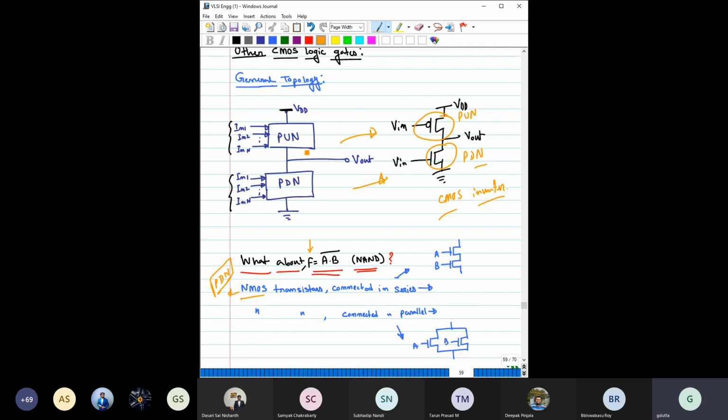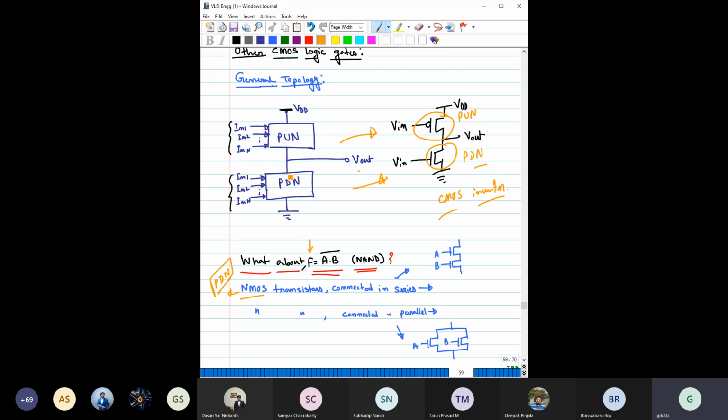Similarly, if you use NMOS as a pull up network, the maximum voltage at the output would be VDD minus the threshold voltage of the NMOS. So you will not get the full swing; the output would be one threshold voltage away from the power line voltages.